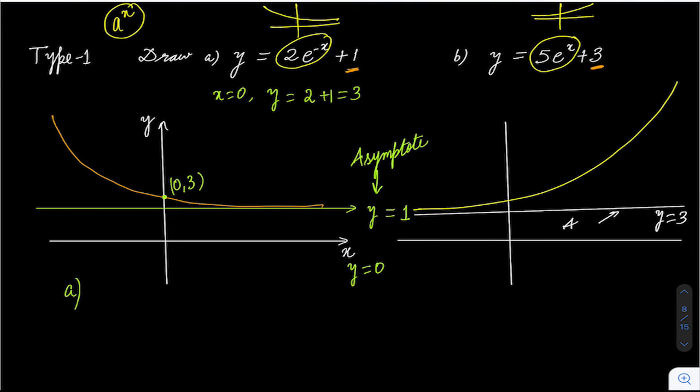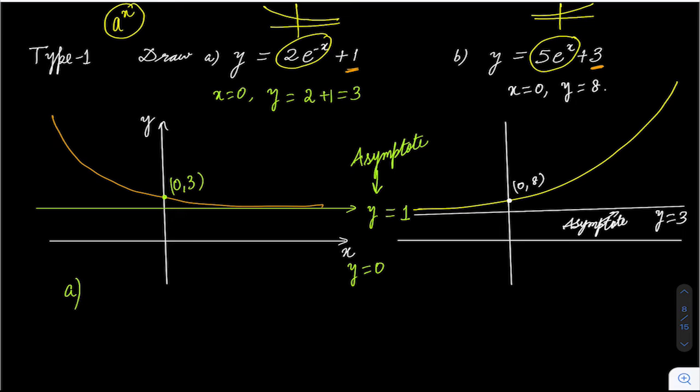That is my asymptote for this graph. I hope everyone understands this. And what is this point? Again, do the same thing. Substitute x as 0. So when x is 0, this is nothing but 5 plus 3, that is 8. So this is (0, 8).